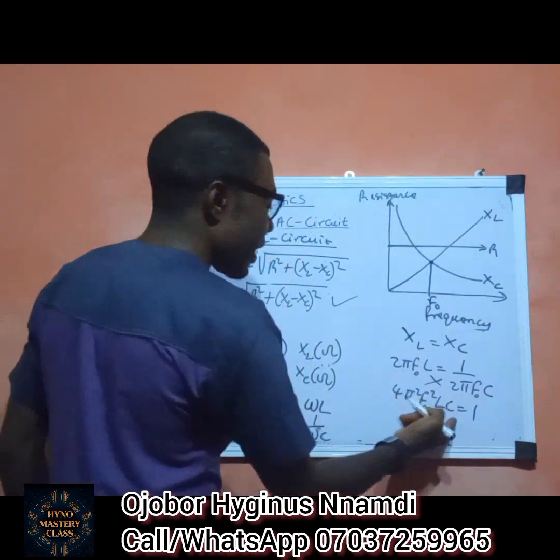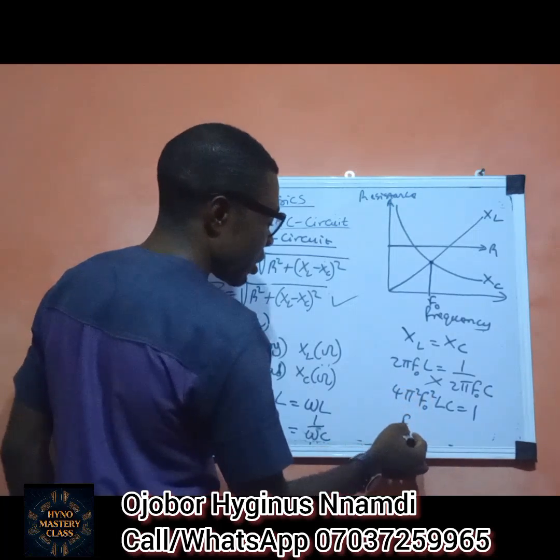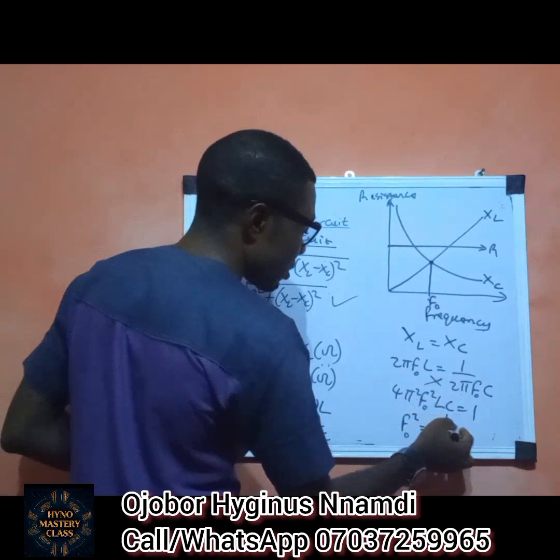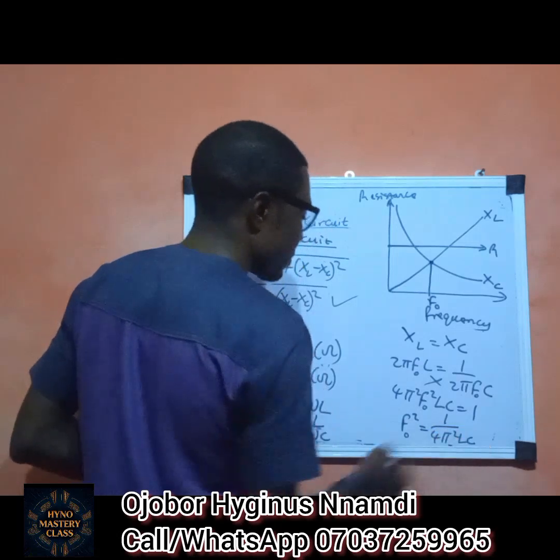When we divide through by every other thing apart from F naught squared, because that is what will be the subject of the equation, F naught squared will be equal to 1 all over 4 pi squared LC.